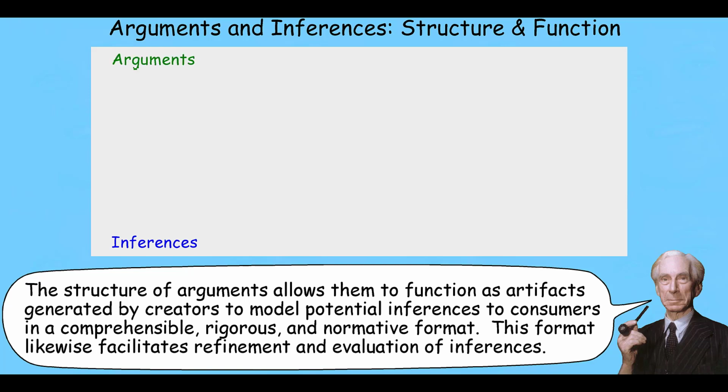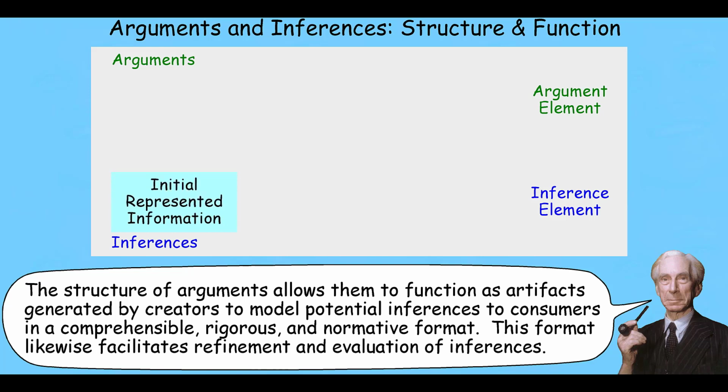This is all accomplished because there is a one-to-one correspondence between the elements of inferences and the elements of arguments, so that their structures are replicated one to the other. In our inference, initial represented information is the beginning of that process.